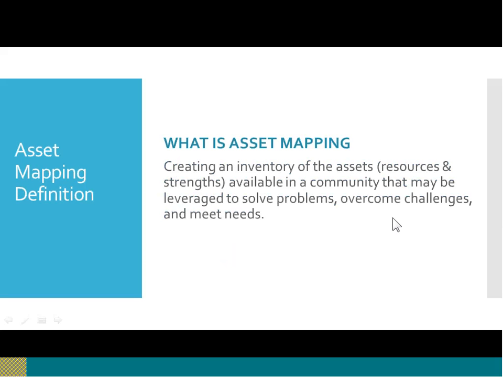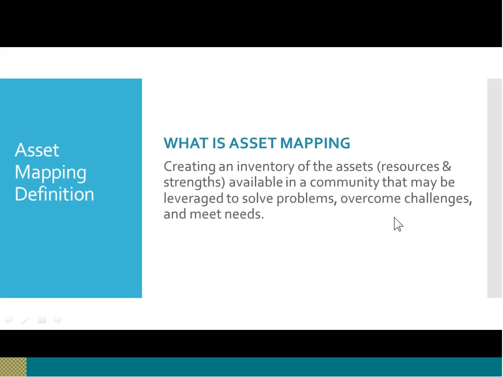All right, so let's talk about what is asset mapping. Essentially, asset mapping is the creation of an inventory of your assets in your community. They may be resources and strengths that are available to you in your community that might be leveraged to solve key problems, overcome challenges, but in the context of the early learning hubs, it's focused predominantly on achieving targeted outcomes and the early learning system goals, the early learning council goals that Shane referenced earlier.